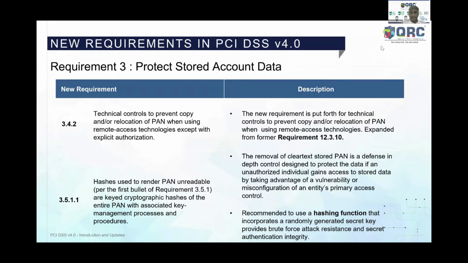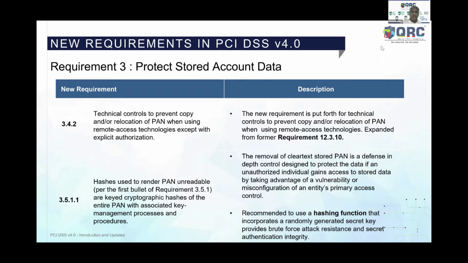Earlier, in the 12th requirement, they mentioned that the PAN cannot be copied, something like this, but now it is aligned with the same requirement. They mention that technical controls need to be implemented to prevent such activities while using remote access technologies. Obviously, if it is a business requirement, you can do that, but there should be explicit authorization for it.